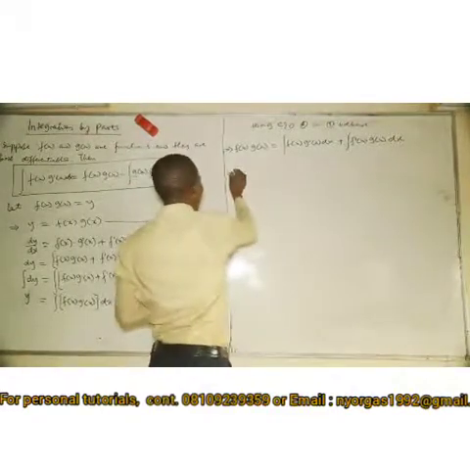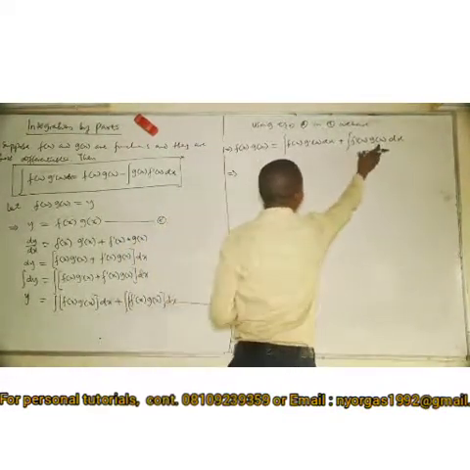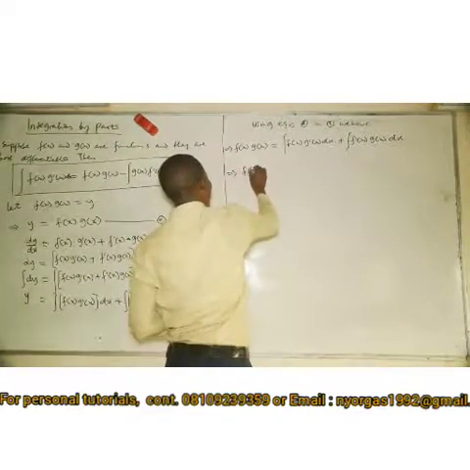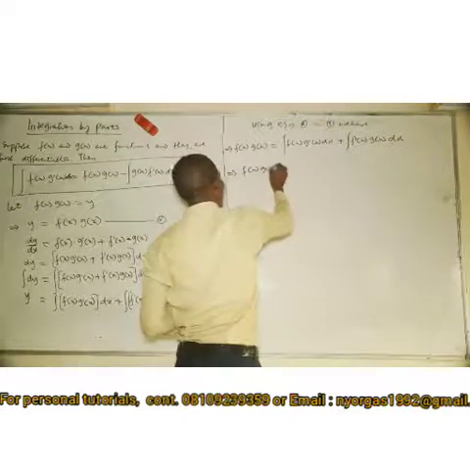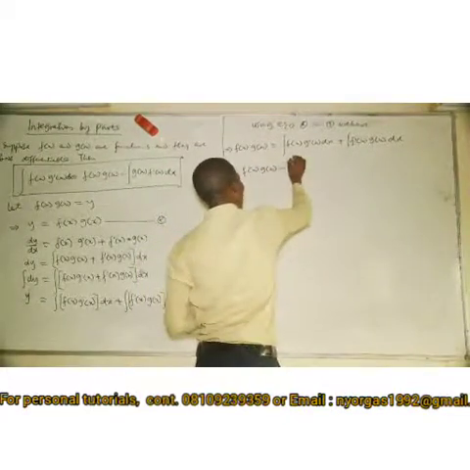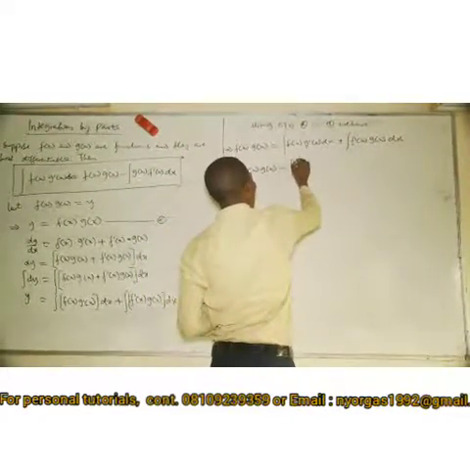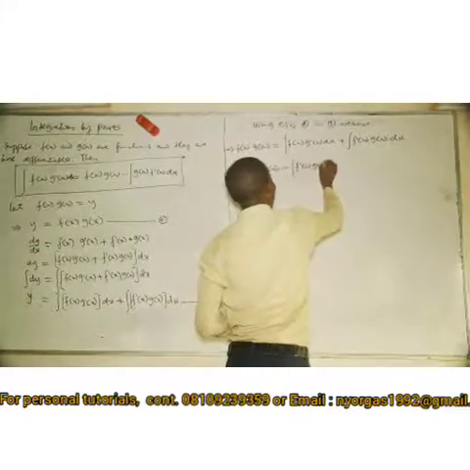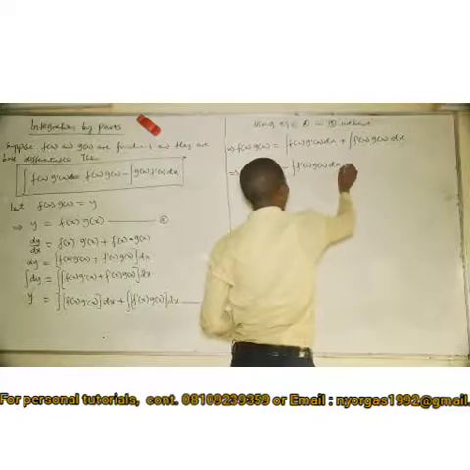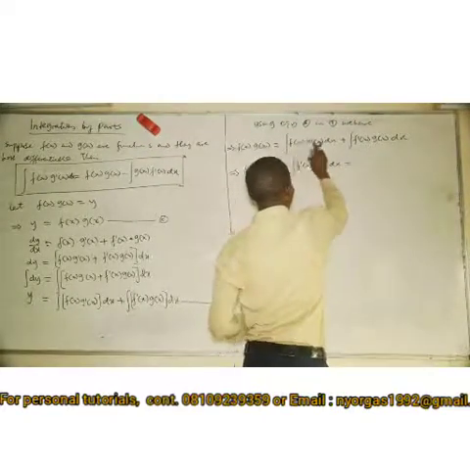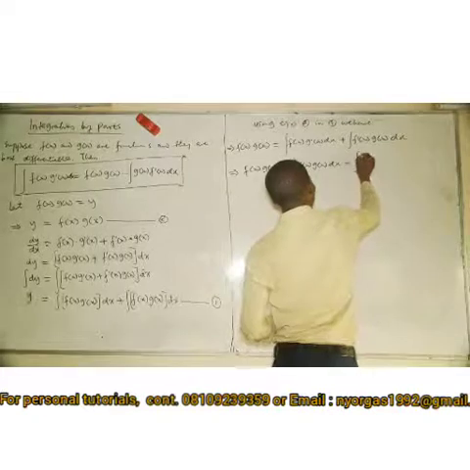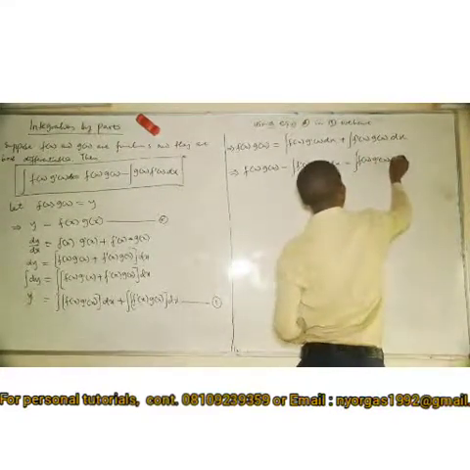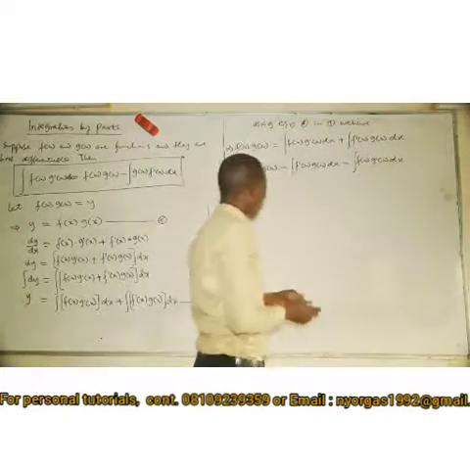This implies if you move this to this side, you have f of x g of x minus the integral of f prime of x g of x dx equal to the integral of f of x g prime of x dx.